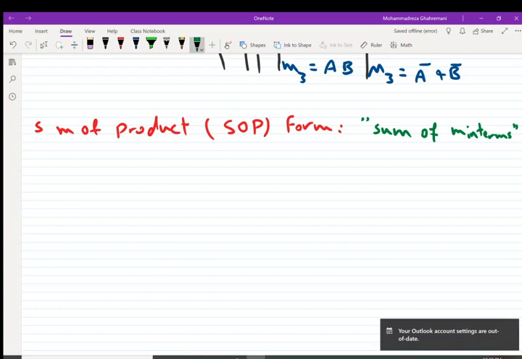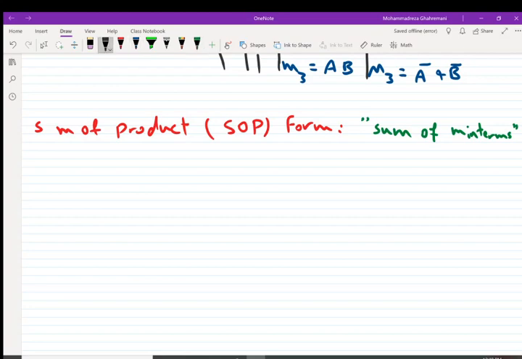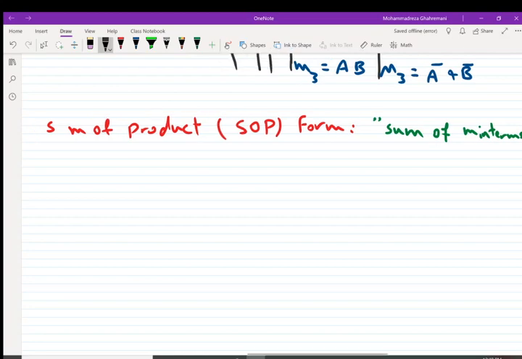So we can represent any function as a sum of minterms. The sum of products can be obtained by ORing the minterms. Let me just write the definition of sum of products, and then we see examples.